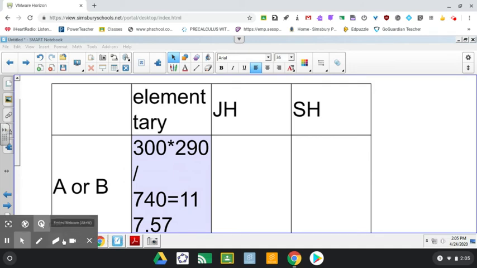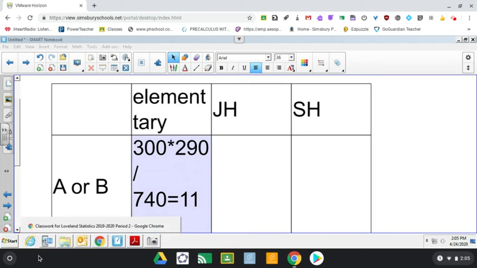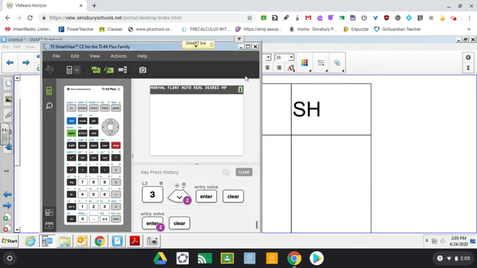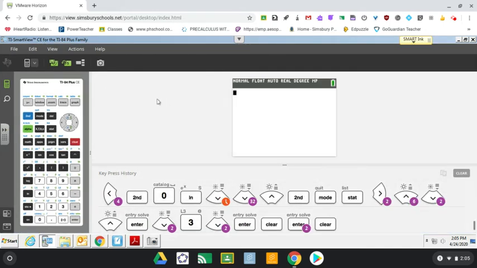And if you have not taken pre-calc, this is gonna be super new to you because you've never learned matrices, most likely. So in your graphing calculator, you're going to go to matrices because if you look at a two-way table, it looks like a matrix. If you're not familiar with what a matrix is, it looks like a two-way table. So either way, you're good to go.